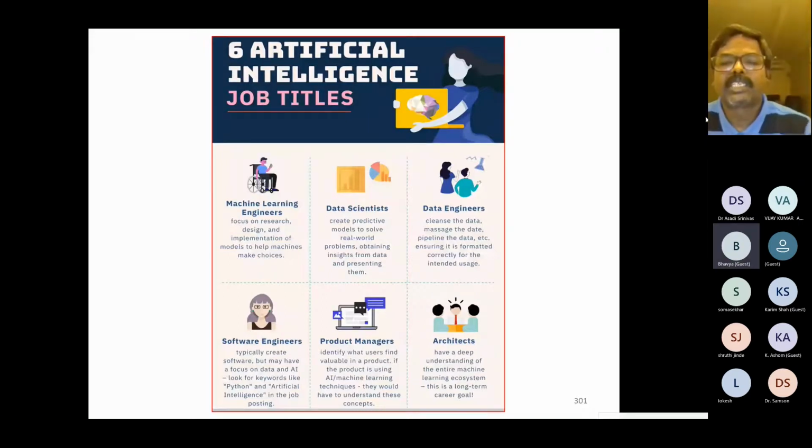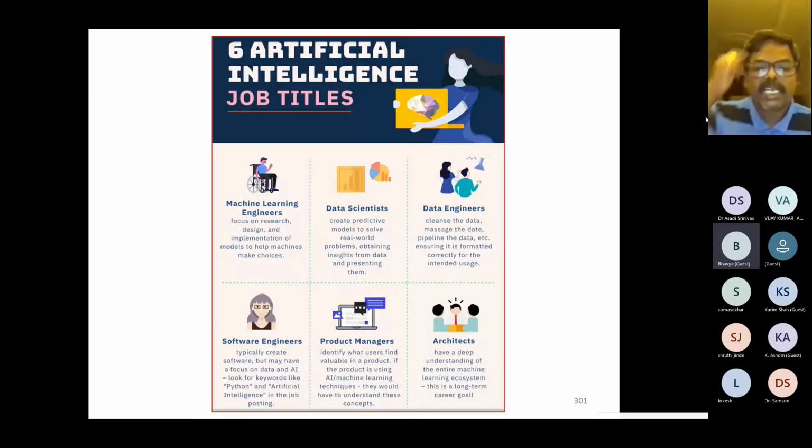Data engineers cleanse the data, mass the data, and pipeline the data, ensuring it is formatted correctly for the intended usage. Software engineers typically create software but may focus on data and AI. Look for keywords like Python and artificial intelligence in the job posting.